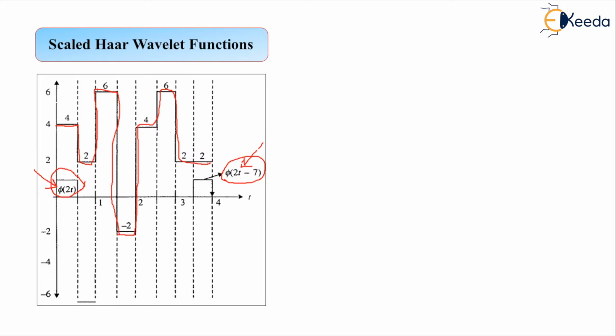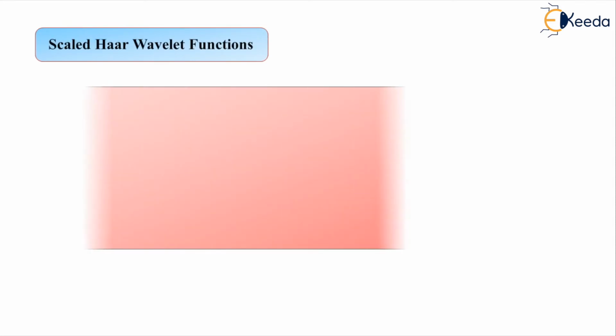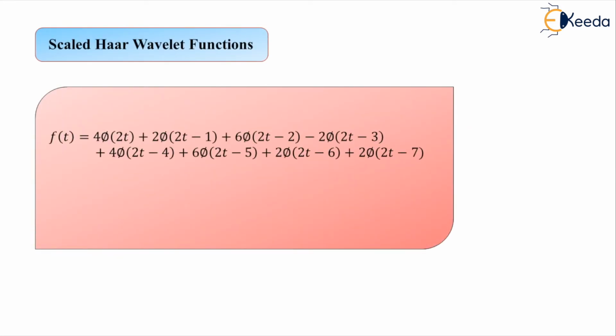So if we try to have the signal represented in the functional space V1 defined here, we get the mathematical representation. The signal can be denoted as f of t, and you compare on the previous slide the amplitude levels here. So we have 4 times phi of 2t added by 2 times phi of 2t minus 1.